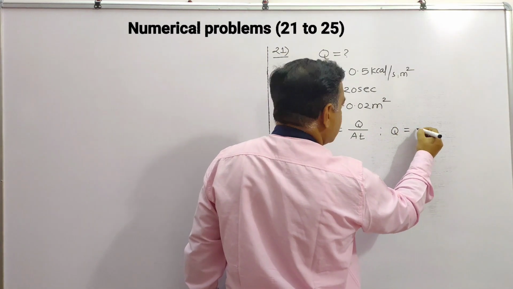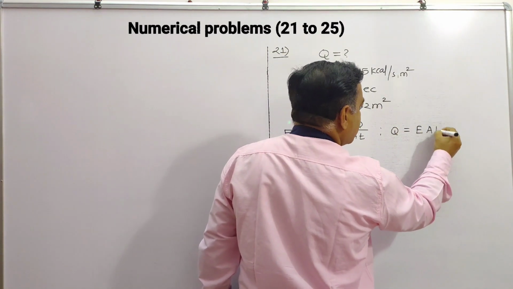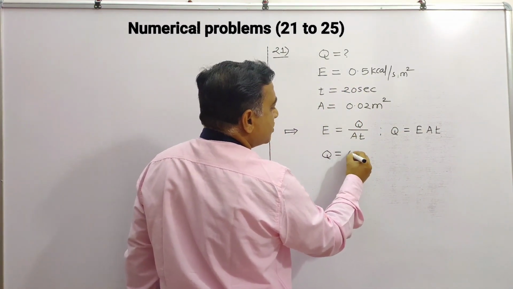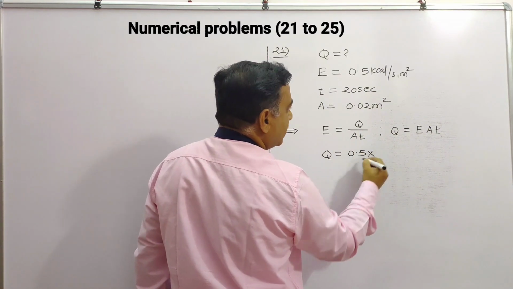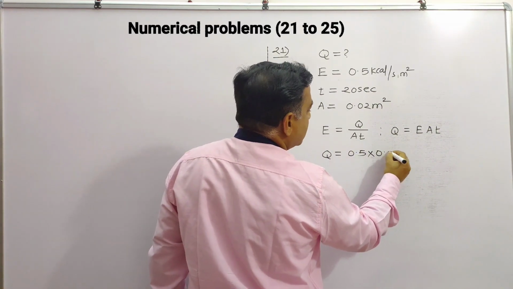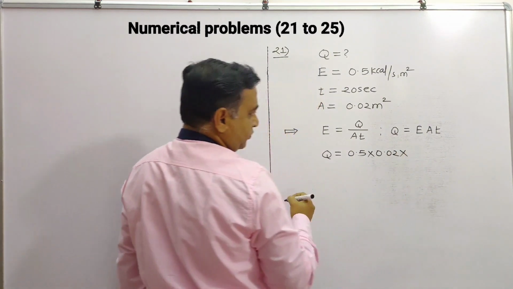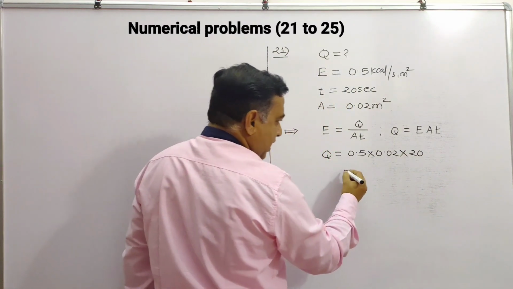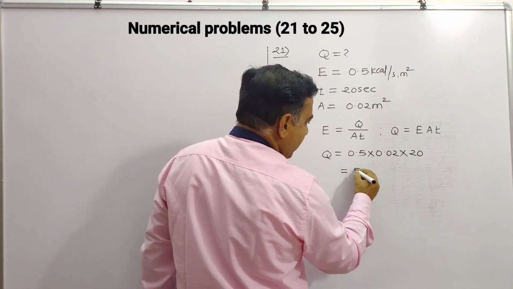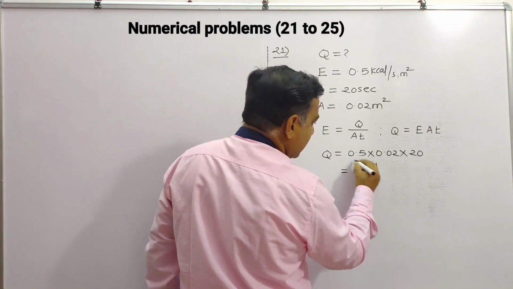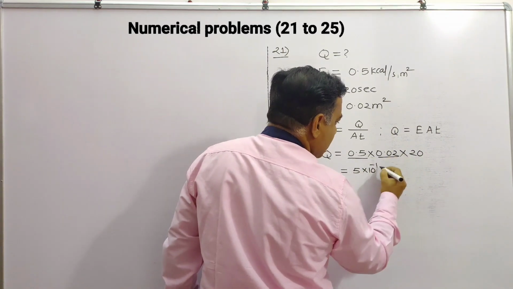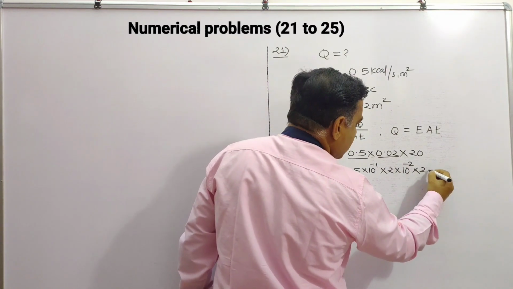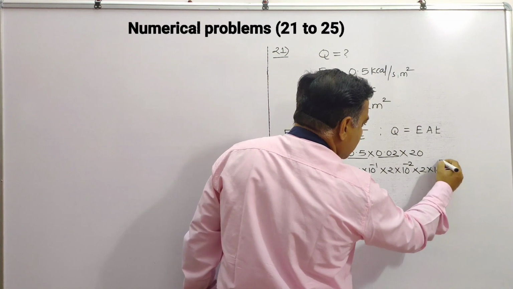So Q is equal to E into A into small t. So Q is equal to E, that is 0.5, into area, that is 0.02, into the time, 20 seconds. If I shift the point, 5 into 10 raised to power minus 1, I can write this as 2 into 10 raised to power minus 2, or I can also write this as 2 into 10 raised to power 1.